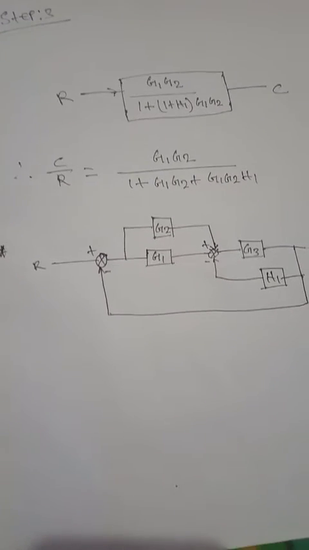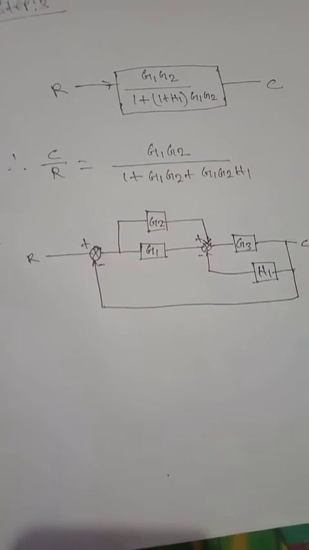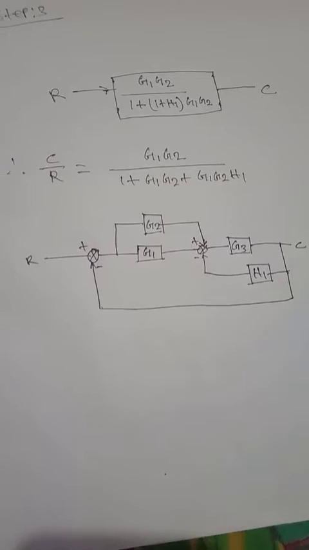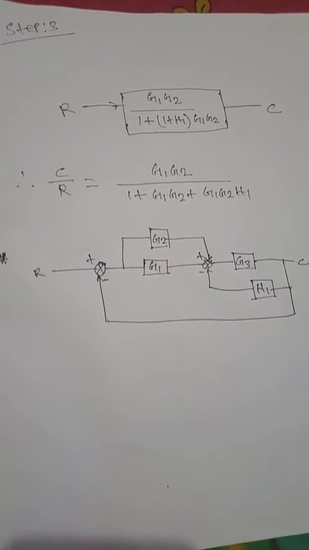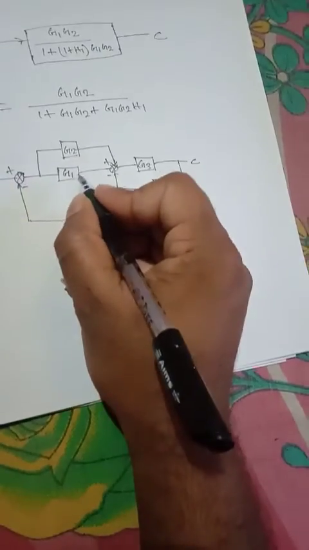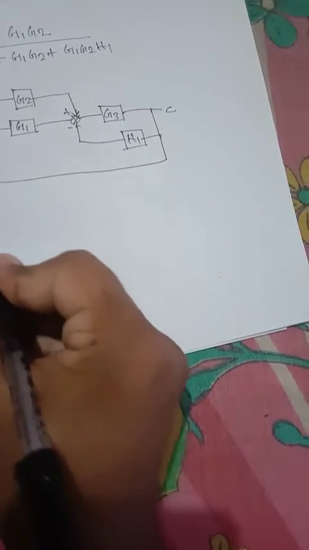This is another example. Here G1 and G2 are connected in parallel, so the result will be G1 plus G2. The summing point is fixed.